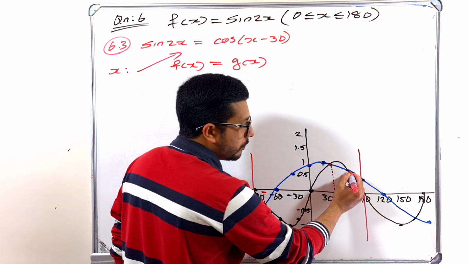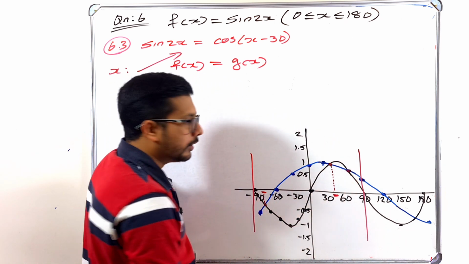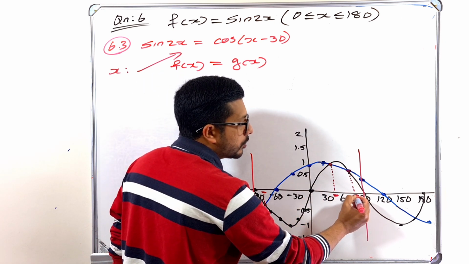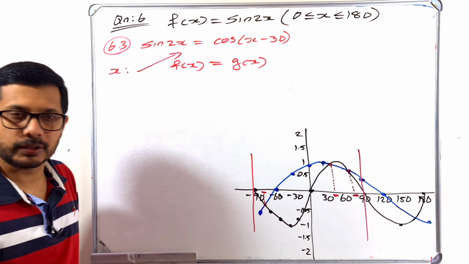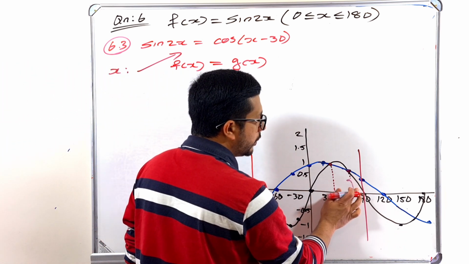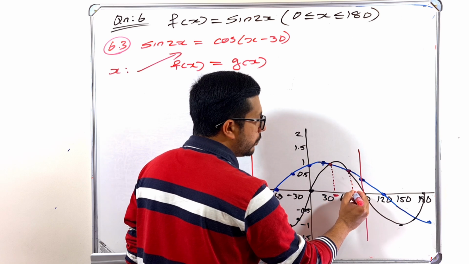And there is another intersecting point, so you have to find the x value of this point. You understand? So in effect, how many x values do you have to find? 3 x values. Am I right?